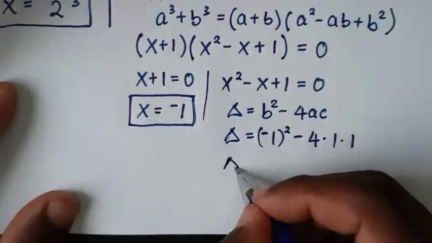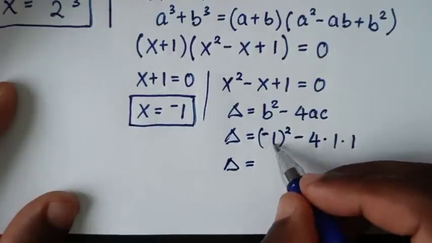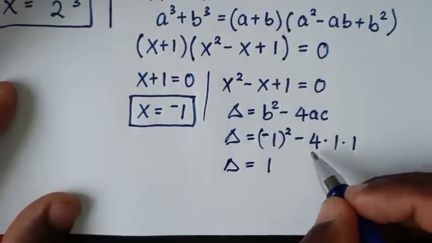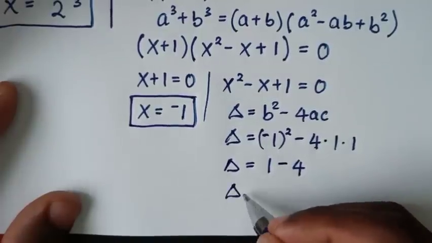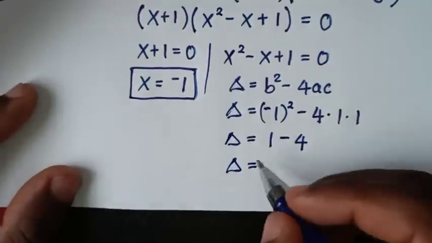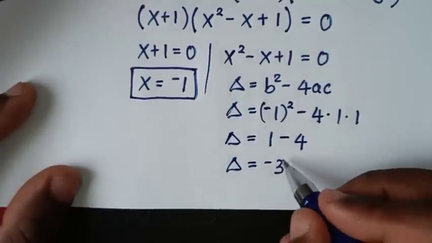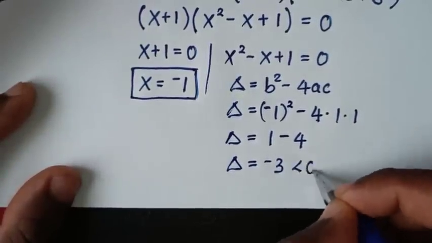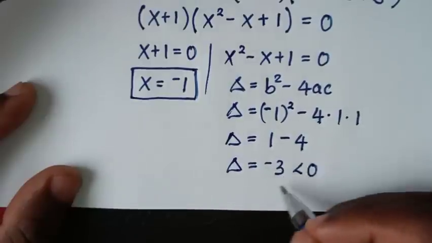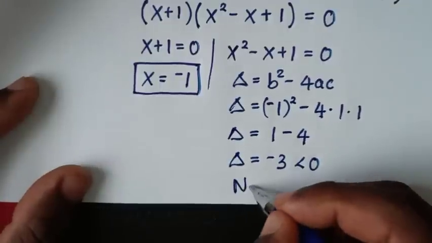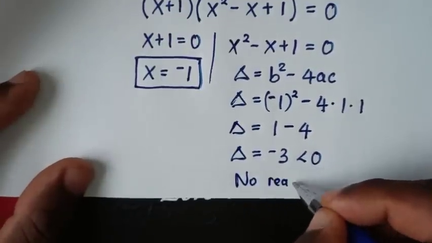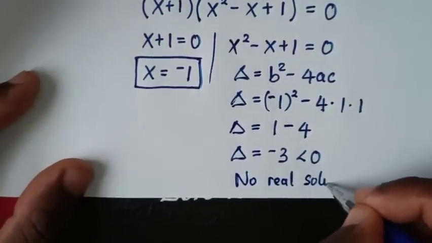So the discriminant is equal to 1 - 4, which is -3, whereas -3 is less than 0, which is a negative number. So if the discriminant is negative, then there is no real solution.